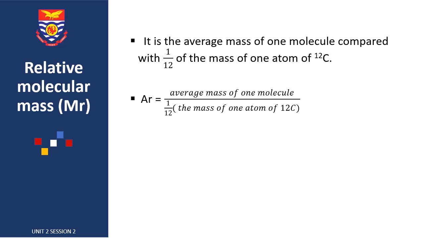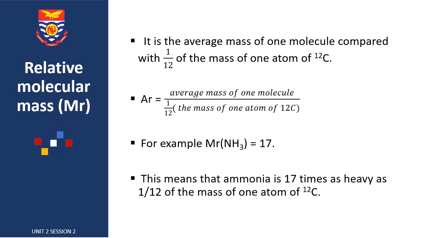This time around, it is a molecule. For example, if the relative molecular mass, sometimes referred to as the molar mass, of ammonia is 17, then ammonia is 17 times as heavy as 1/12 the mass of one atom of carbon-12.